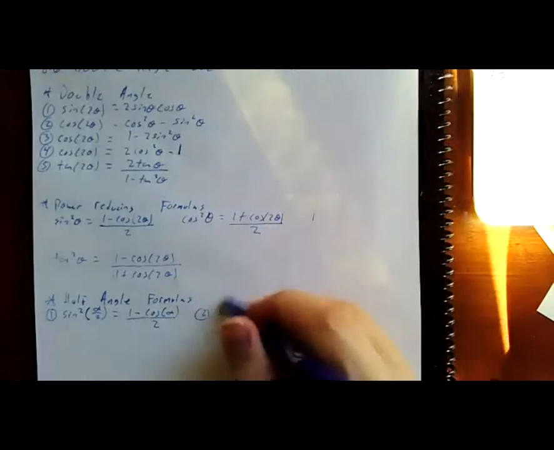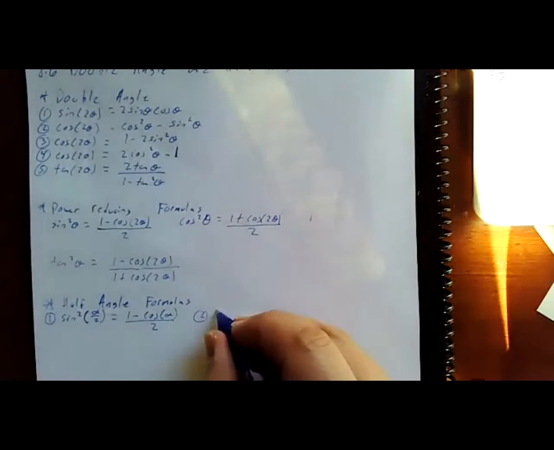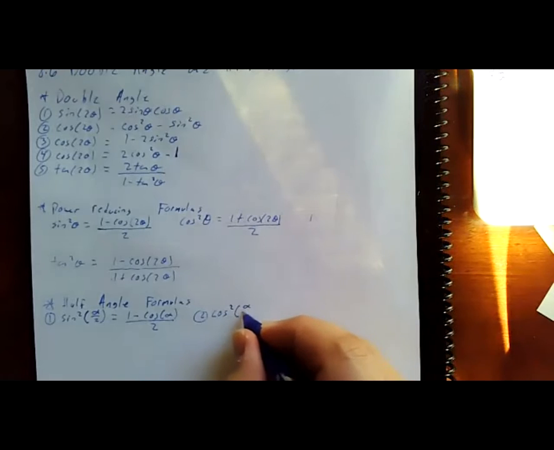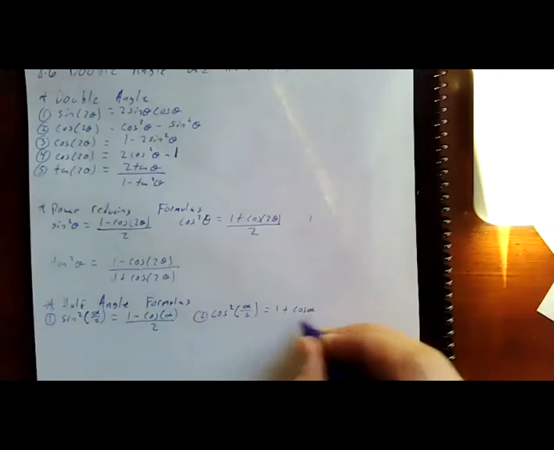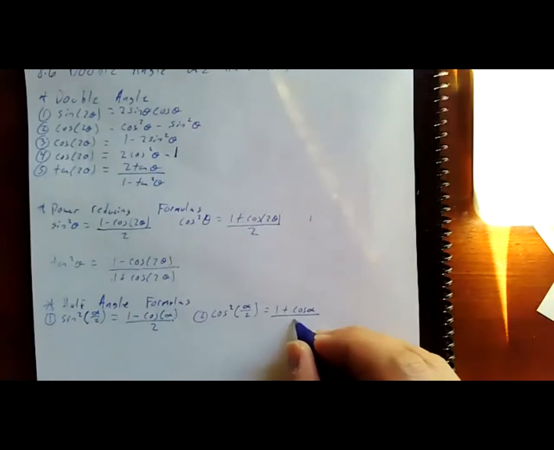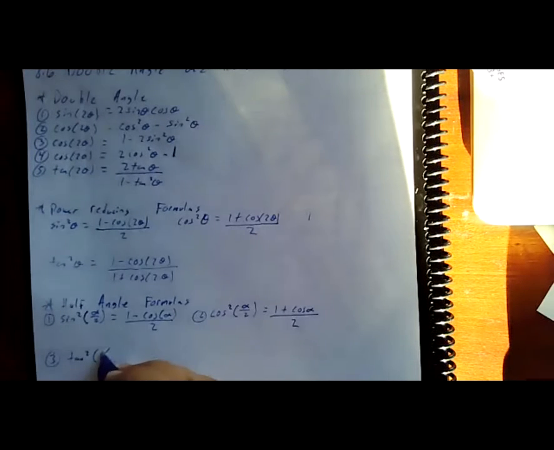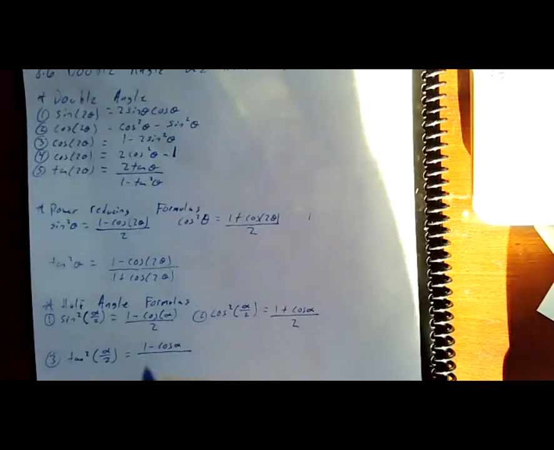Actually, cosine squared of alpha over 2 is equal to 1 plus cosine alpha over 2. Tangent squared of alpha over 2 is equal to 1 minus cosine alpha over 1 plus cosine alpha.